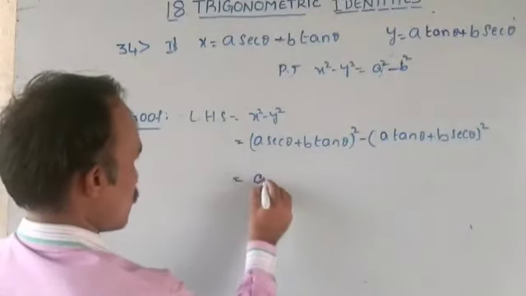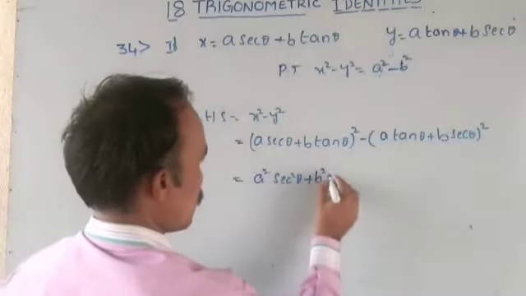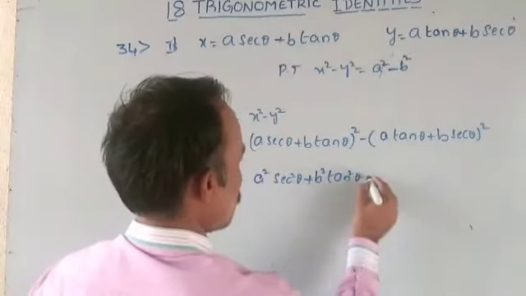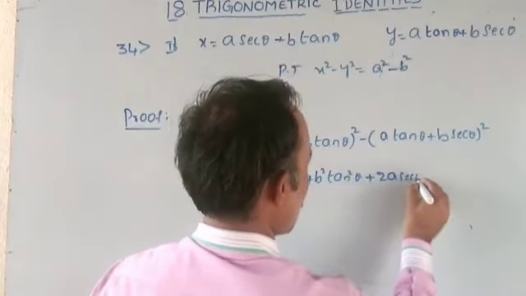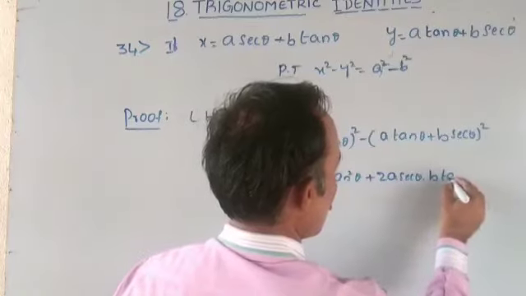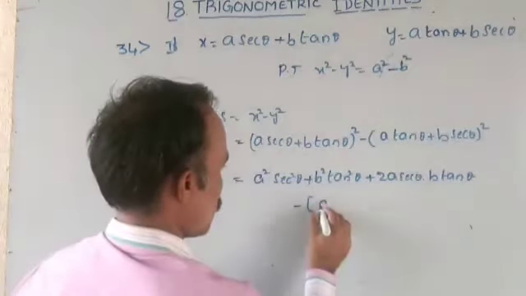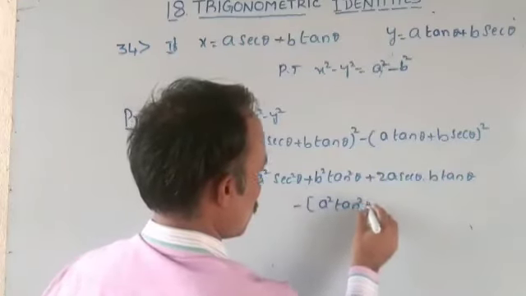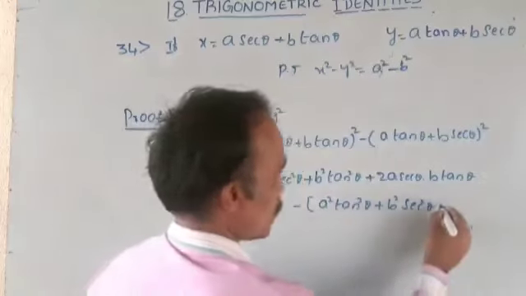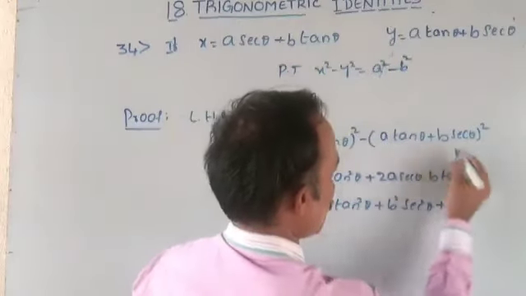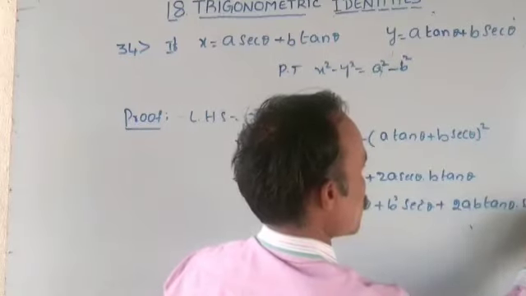Now expand this, a square secant square theta by using a plus b whole square, so b square tan square theta plus 2ab, 2a secant theta into b tan theta, minus, better to write a bracket, a square tan square theta plus b square secant square theta plus 2ab tan theta into secant theta.